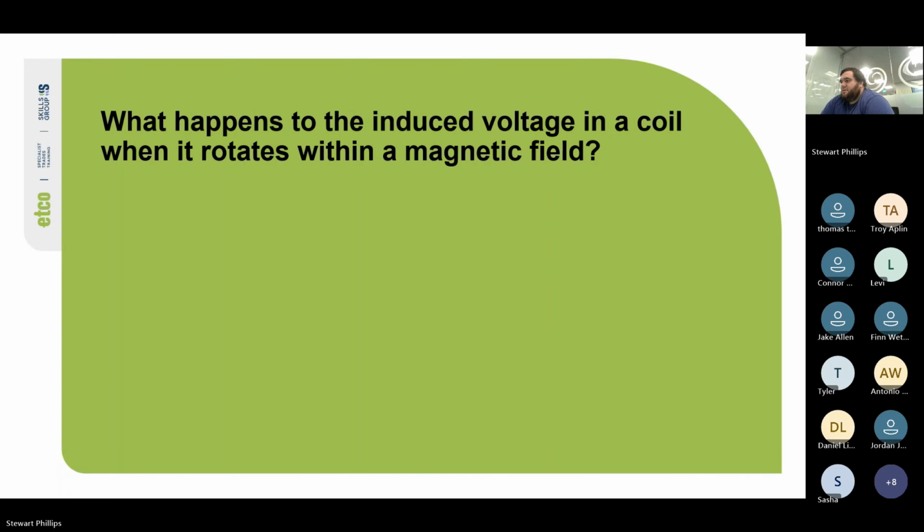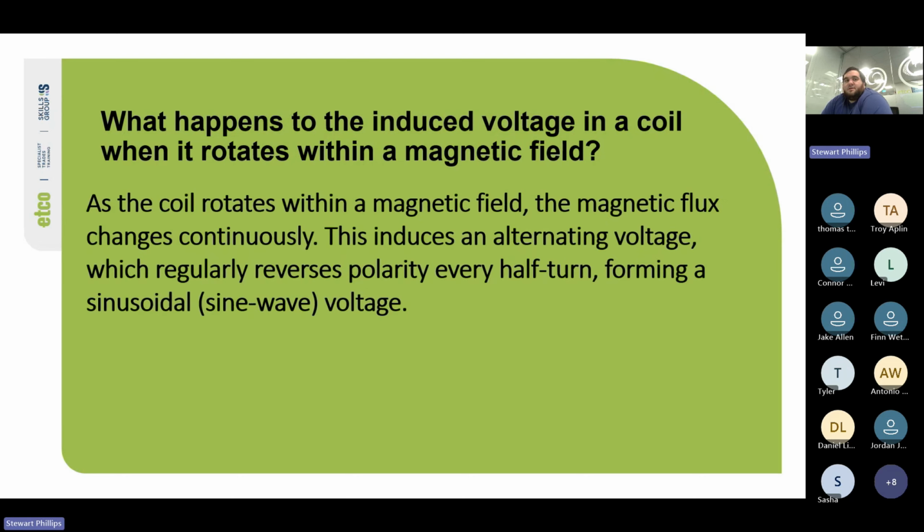As the coil rotates within a magnetic field, the flux changes continuously. It induces an alternating voltage, which regularly reverses polarity every half turn, forming a sine wave of voltage.